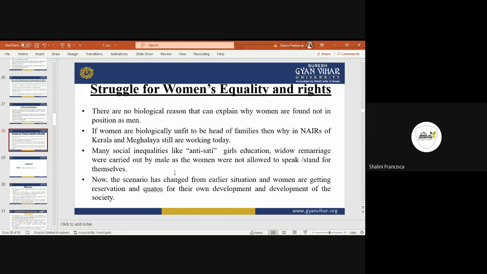If a woman is biologically unfit to be head of the family, then why do the Nayars of Kerala and Meghalaya still work today? If you talk about family tradition, a woman gives the name of the family since she gives birth to a baby. There is the Khasi tribe in India, from Meghalaya.